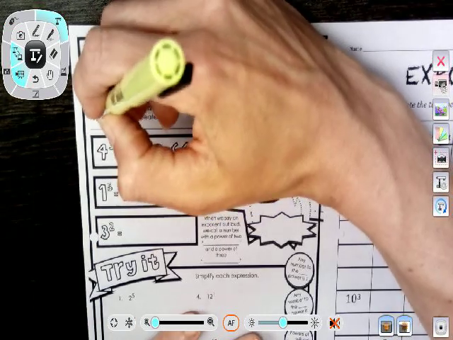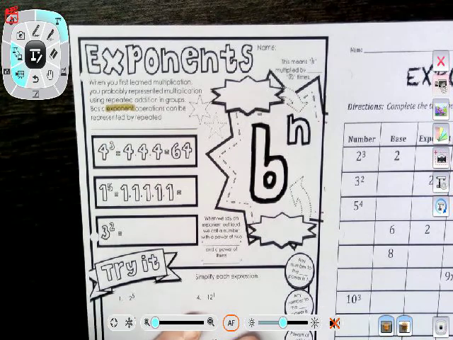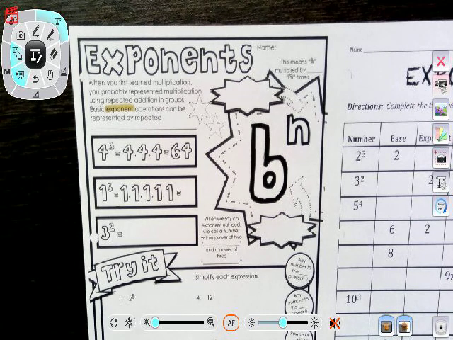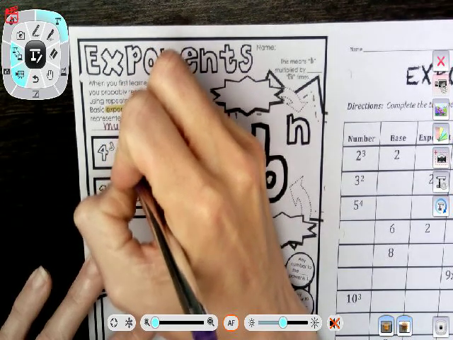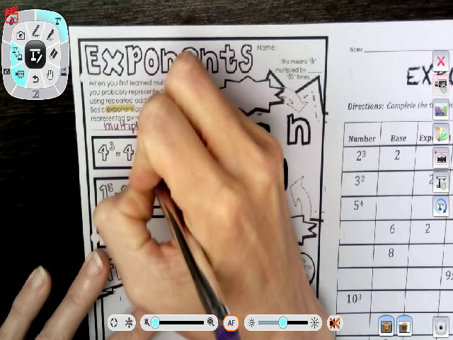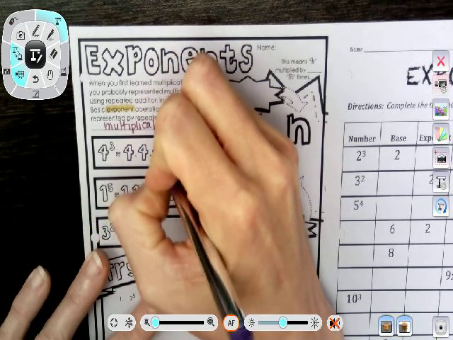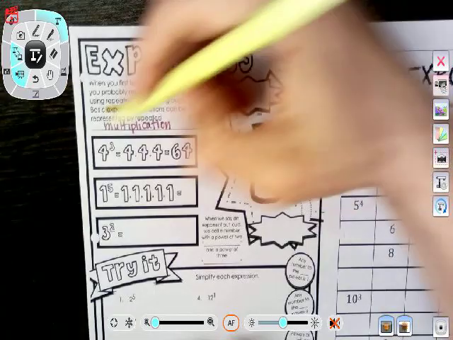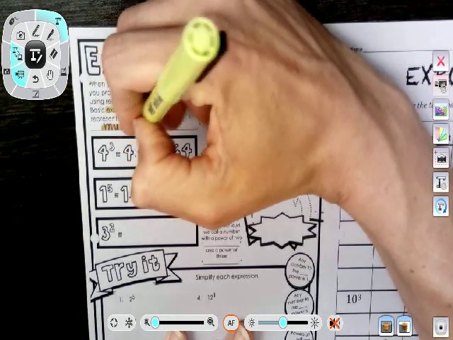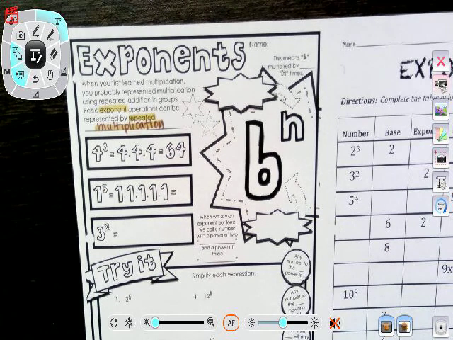So let's highlight that. Basic exponent operations can be represented by repeated multiplication. So we are repeatedly multiplying, over and over and over again. Notice I'm going to highlight that because this is a very, very important thing.